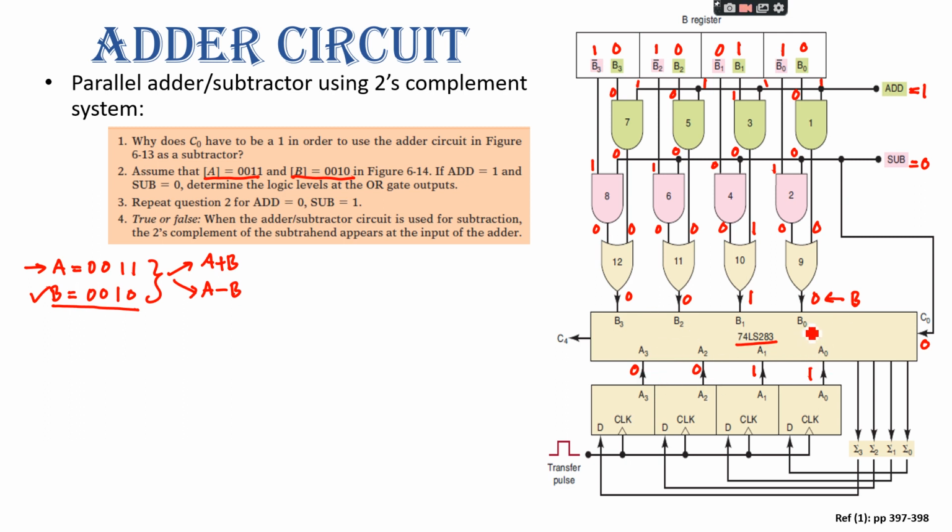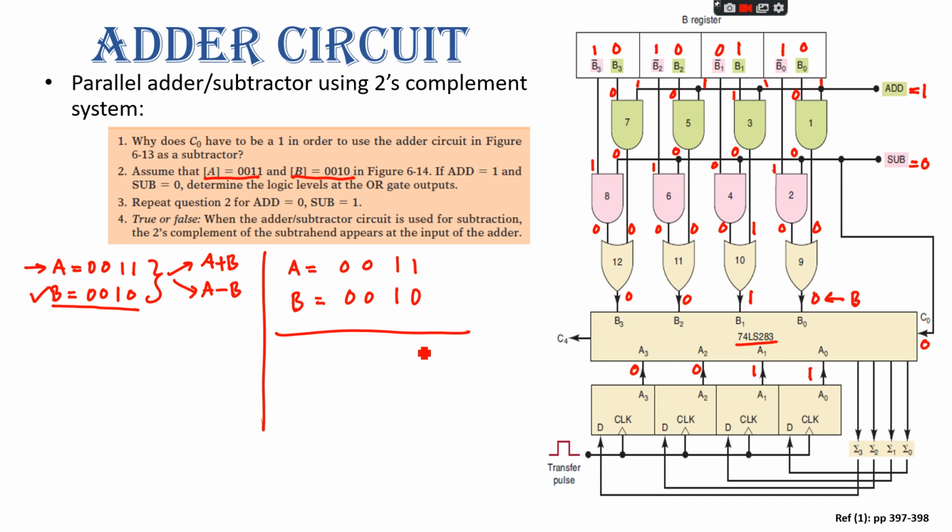Now what this adder would do is simply add the binary bits. A0 will be added with B0, A1 with B1, A2 with B2, and A3 with B3. Your A is given as 0011 and B is given as 0010.